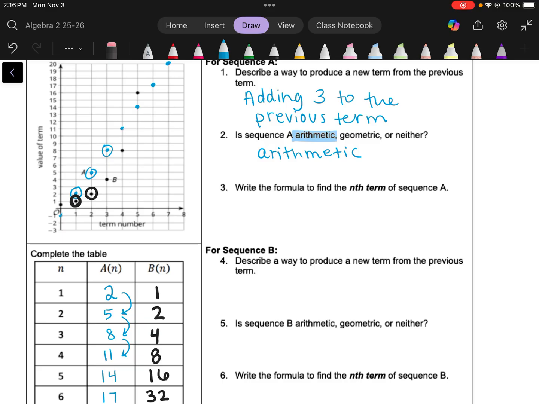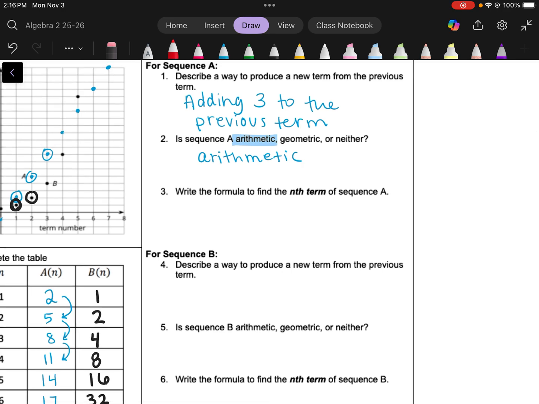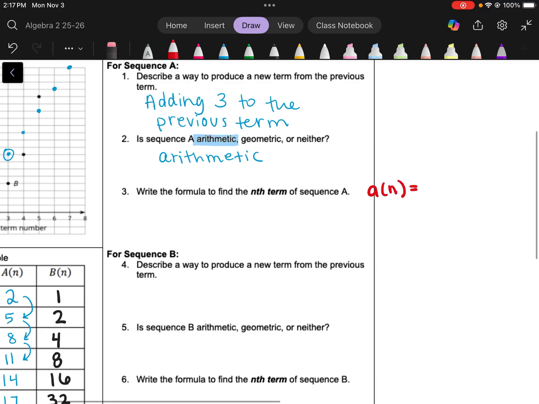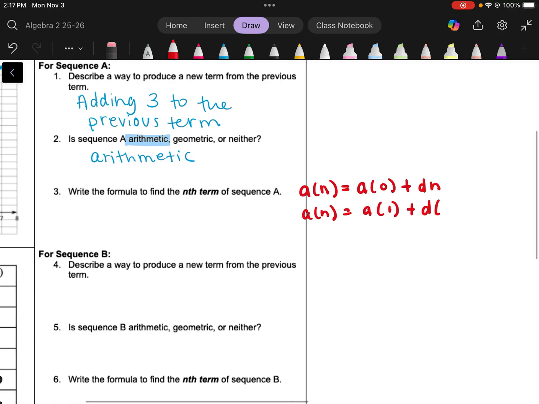And then it wants us to write a formula to find the nth term of sequence A. So remember our formulas for the nth term will be A of n is the 0 term plus the common difference times n, or if you start with the first term, it'll be the first term plus the common difference times n minus 1.